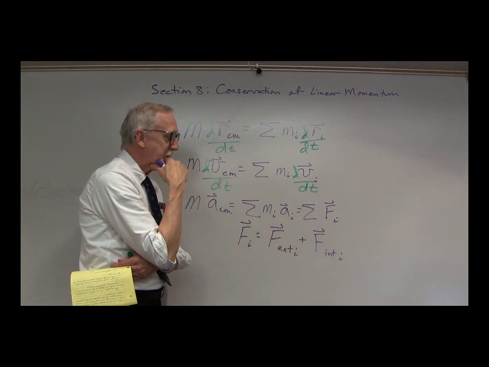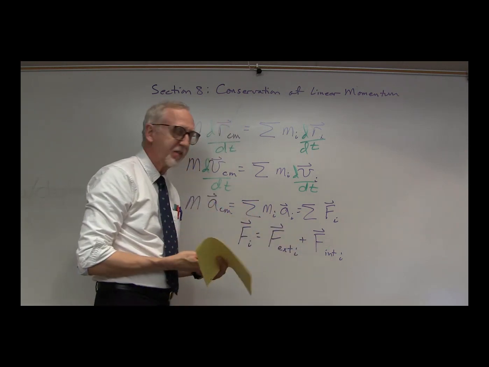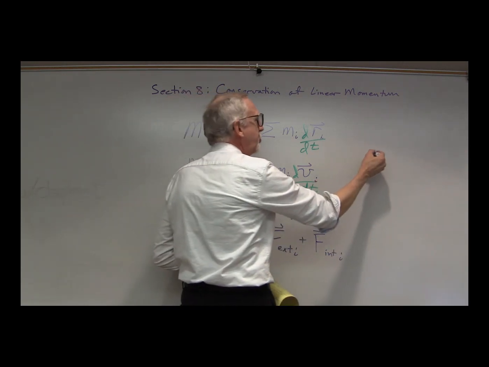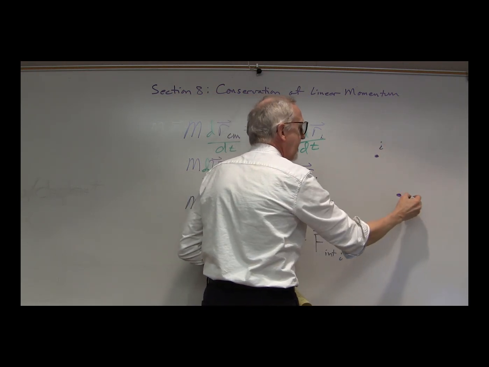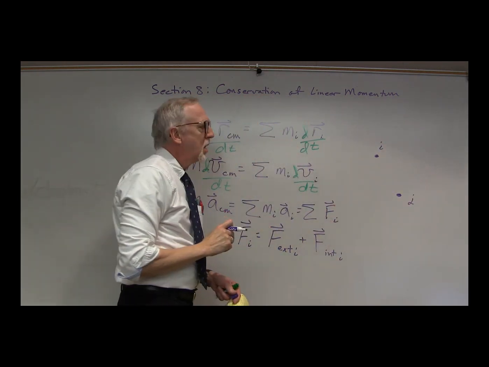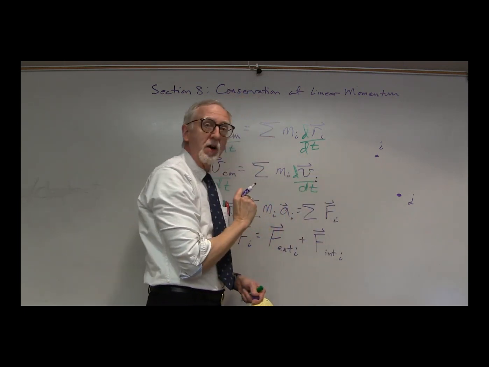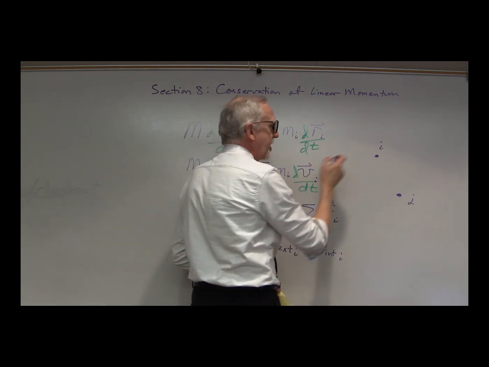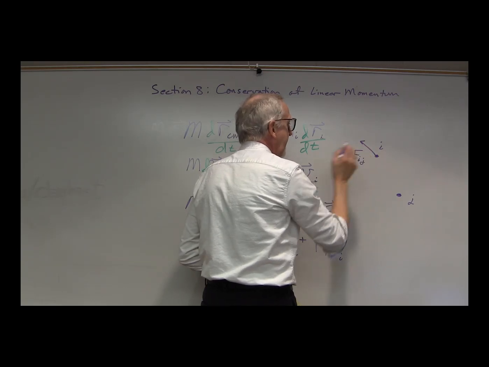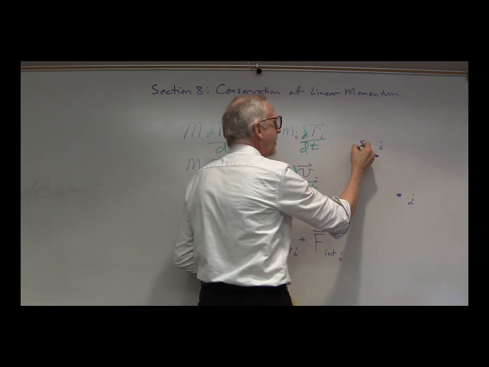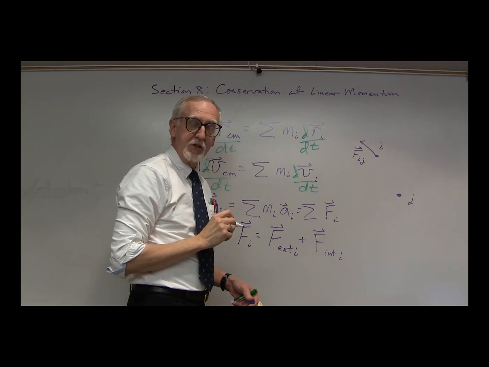But let's think about, what are these internal forces? For example, if we've got two objects, say the i object and the j object, there might be some force on object i due to object j. So we'll just call this F_ij. In other words, the force on object i from object j.